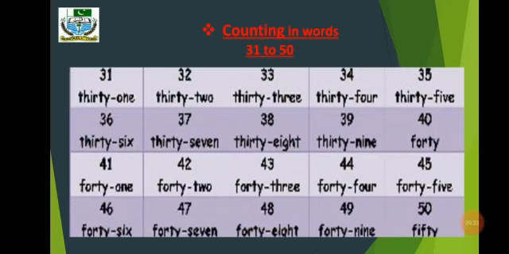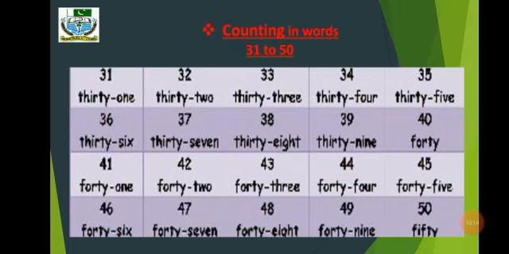THIRTY 30, FOUR 34. THIRTY 30, FIVE 35. THIRTY 30, SIX 36. THIRTY 30, SEVEN 37. THIRTY 30, EIGHT 38. THIRTY 30, NINE 39. Now this 30's family is completed.